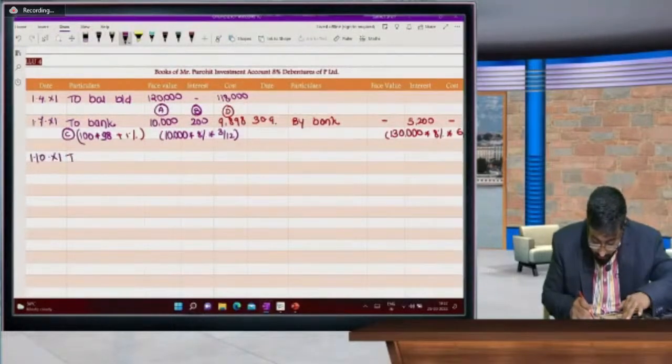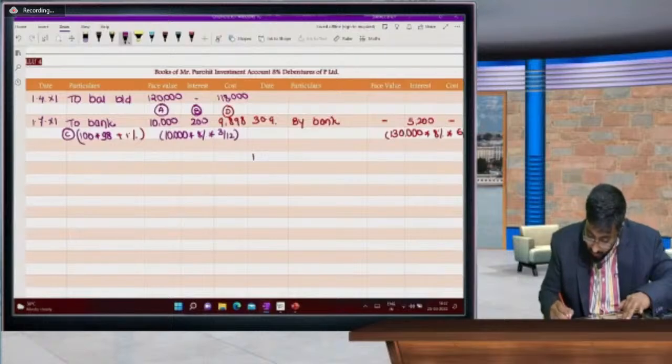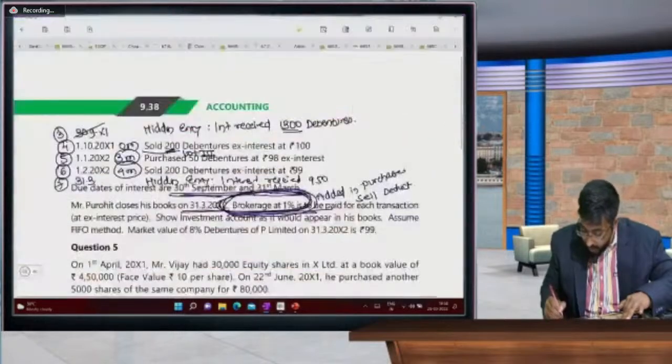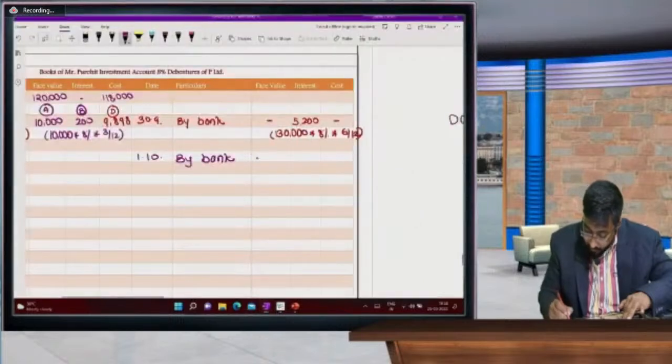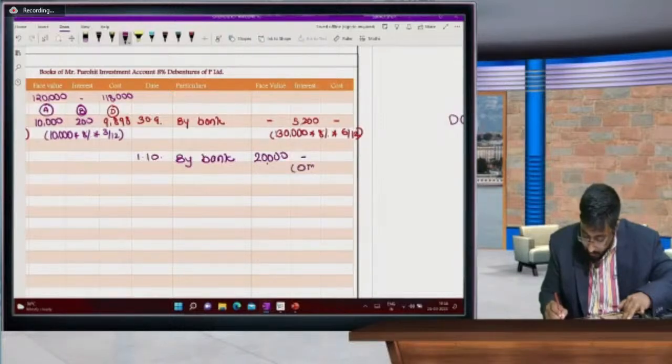110. Sold happened? Sorry. 110, by bank. Sold. How many debentures, beta? 200. So 20,000. How many months? 0, right? Dash. 0 months.